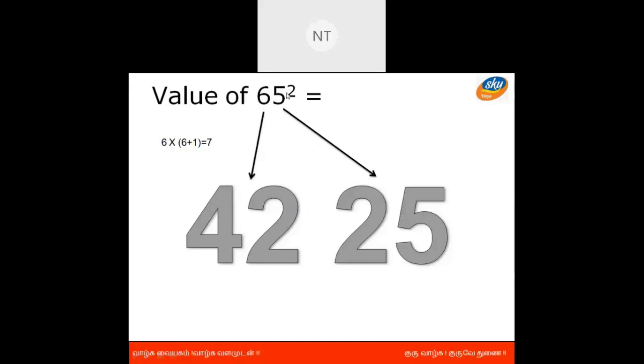Let me repeat again. If you have 65 square, take the last number 5 and put 25, because 5 squared is 25. The number is 6 and the next number is 7. When you multiply 6 and 7 together, it comes to 42. So this is the secret for how you can square any number ending with 5.